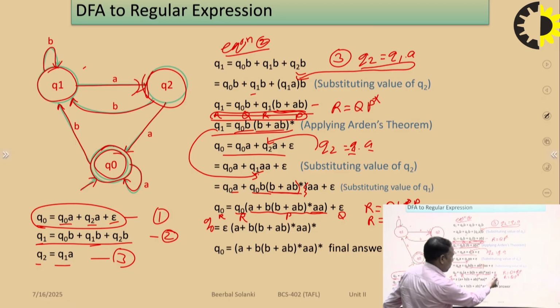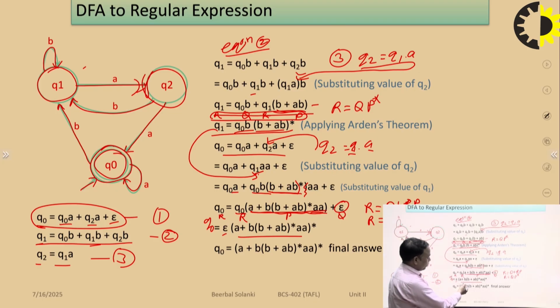So Q means epsilon here, and P is A plus B concatenated with B plus AB whole closure, concatenated with A, and this is the closure of all the bracket.